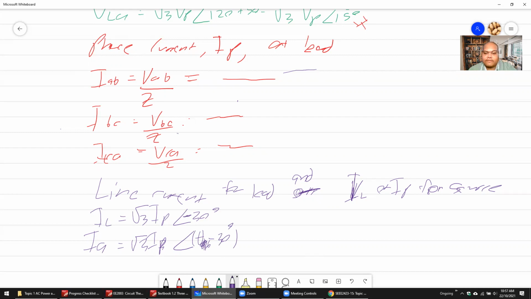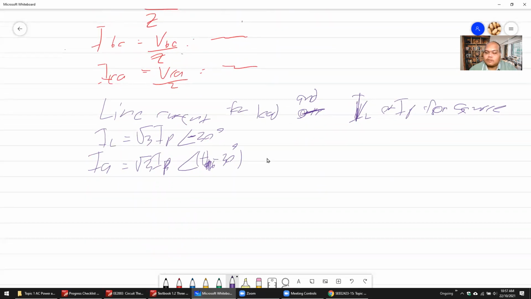Theta is different for all phases, so make sure you differentiate it. So IB is equal to square root of 3 I phase angle theta BC minus 30 degrees.